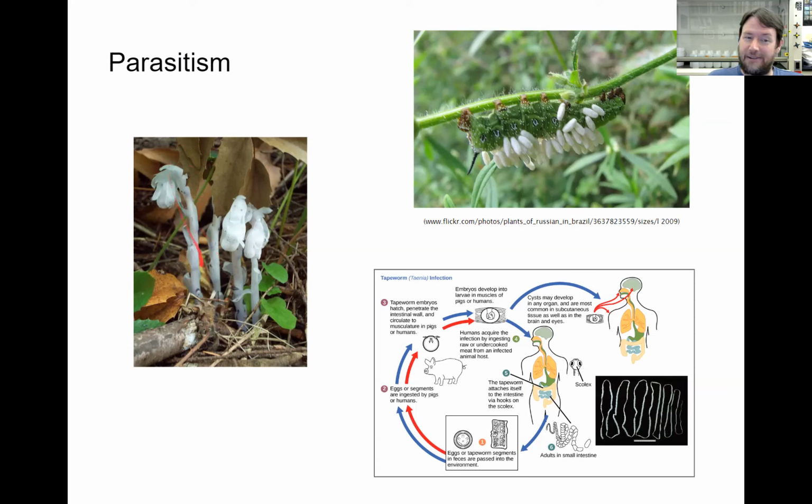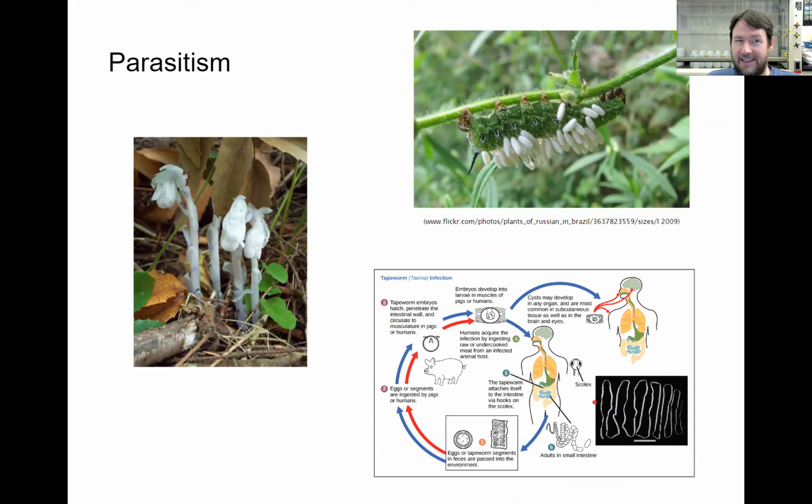And so it doesn't actually photosynthesize, it's just parasitizing other plants and using their photosynthesis to supply its nutrients. So they are helped, the other organism is harmed. Another example of parasitism, tapeworm infections, which could be in humans or in livestock.